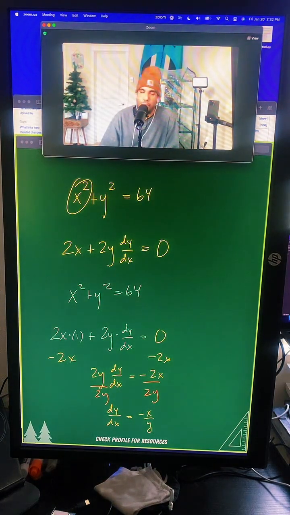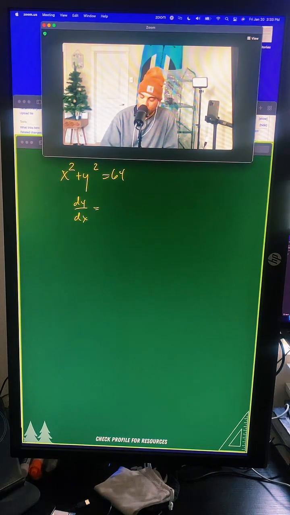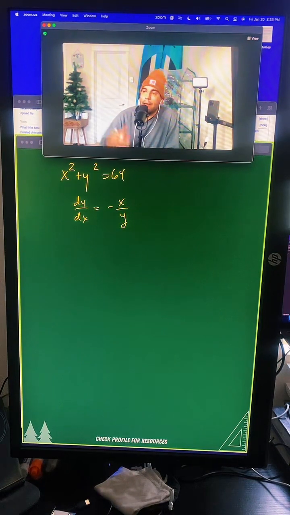I'm starting easy so that we can understand this really quickly. So if we have x squared plus y squared equal to 64, then dy/dx is going to equal negative x over y.